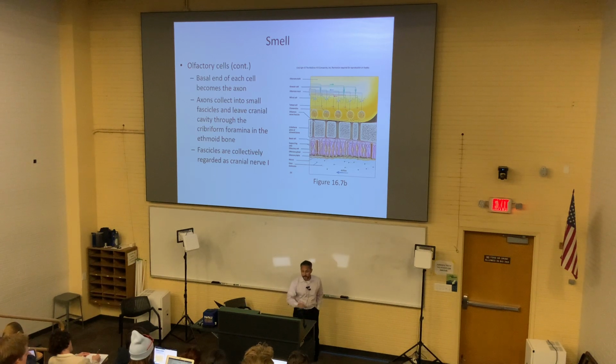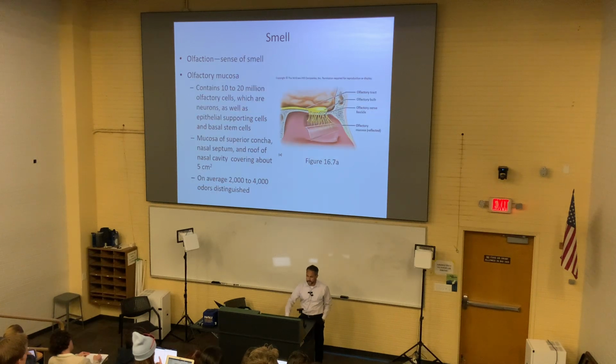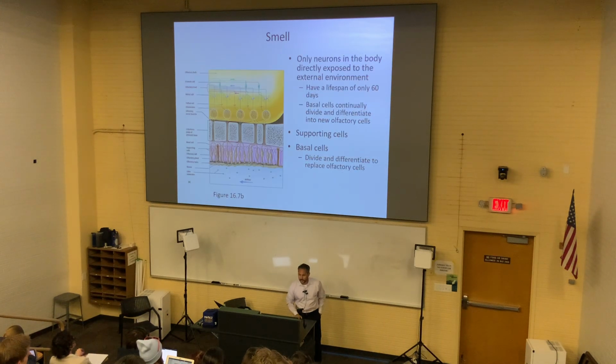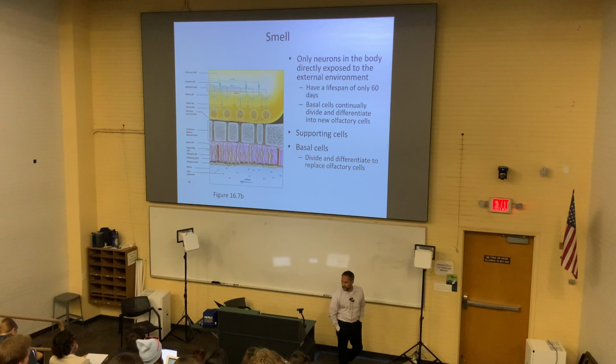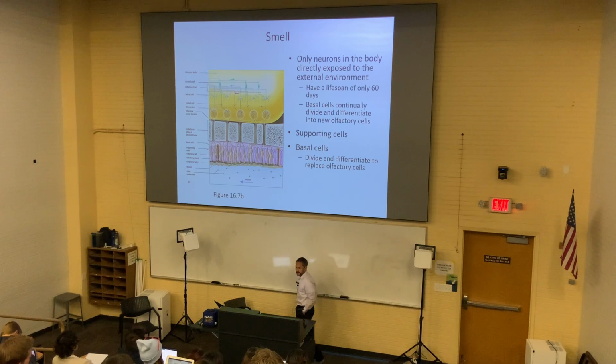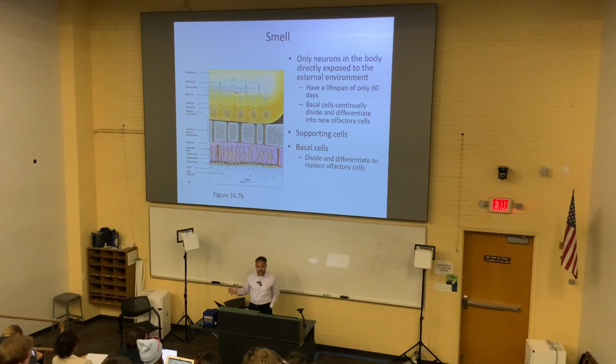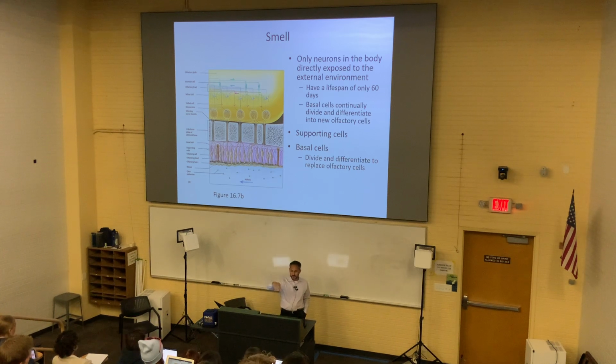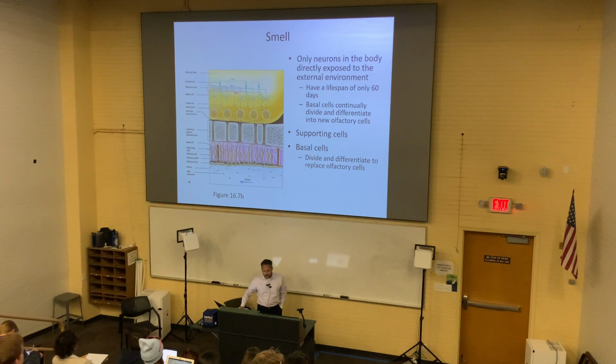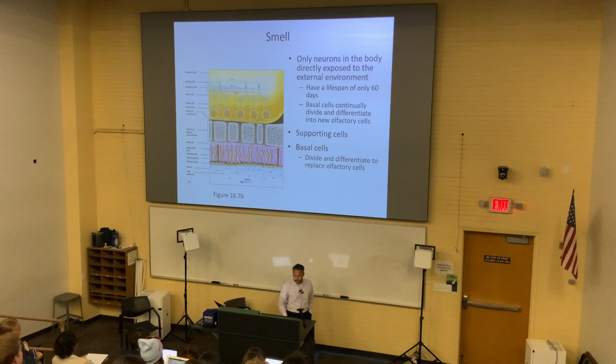So this is the one place in the body where we've got neurons directly exposed to the outside environment. They only have a lifespan of about 60 days, 2 months. And the basal cells, the regenerative layer, divide and differentiate into new olfactory cells. And we kind of talked about the role of the supporting cells and the basal cells.